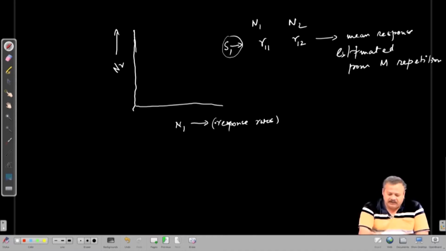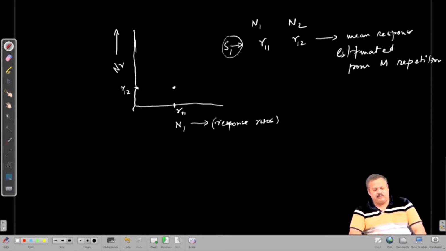So let us say this mean response R11 is here, and the mean response R12 is here. And so we represent the mean response as a point in this plane.